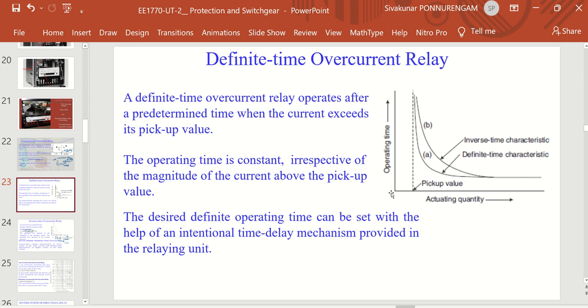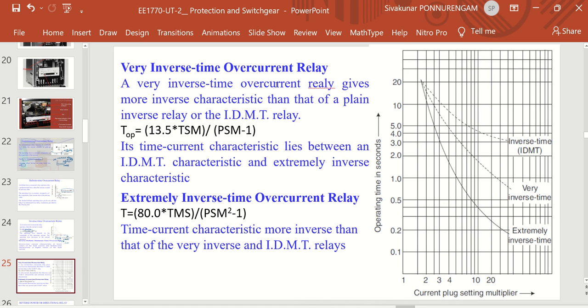The very inverse characteristic means that if the magnitude of the current increases further, the operating time reduces further. Suppose in the IDMT, 4 amps takes 4 seconds, while at 10 amps it operates in about 1.85 seconds.